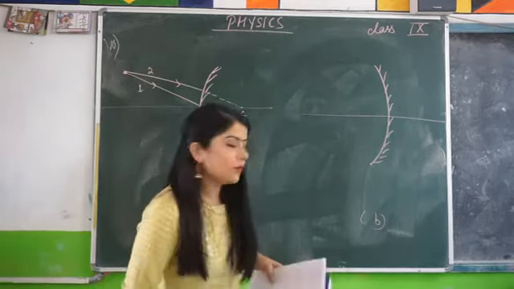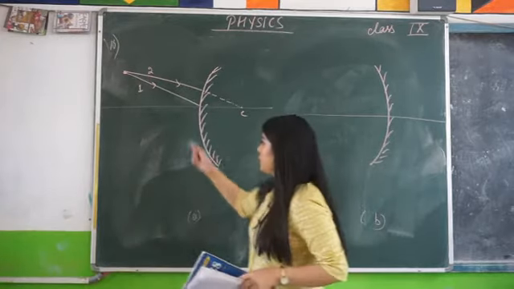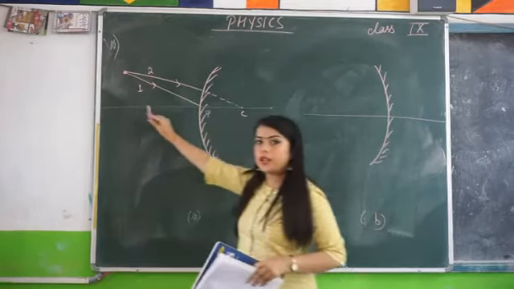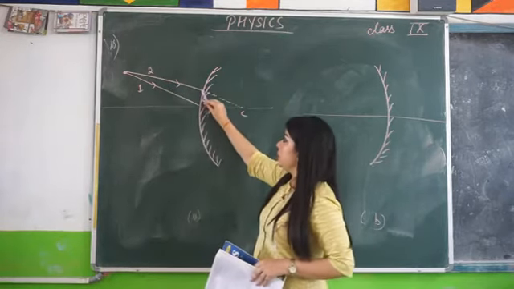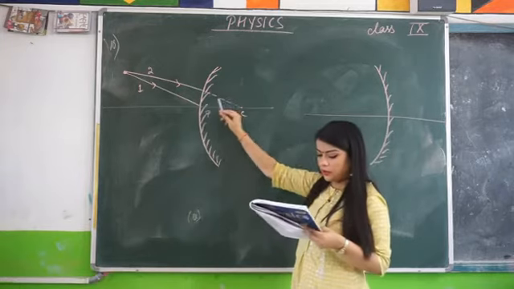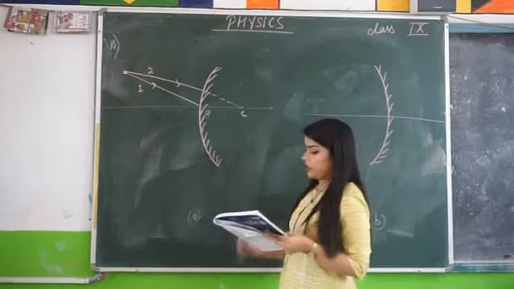One incident ray of light touches the pole. Another incident ray of light strikes the mirror, and the imaginary ray of light touches the center of curvature. This is the incident ray.